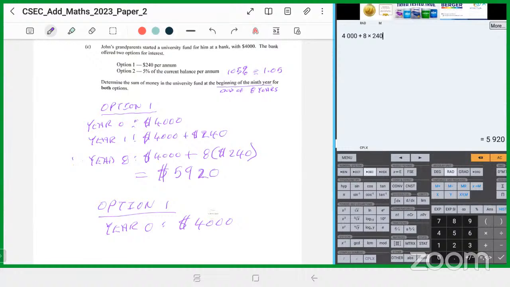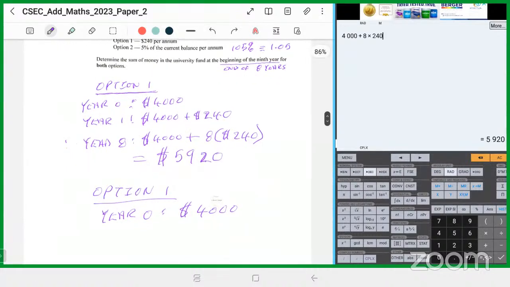In option 1, the value in the account is following an arithmetic progression, but we don't need to use the arithmetic progression formula. In the second case, the value in the account is following a geometric progression, because you're multiplying by a ratio, the amount you multiply each term by each year.